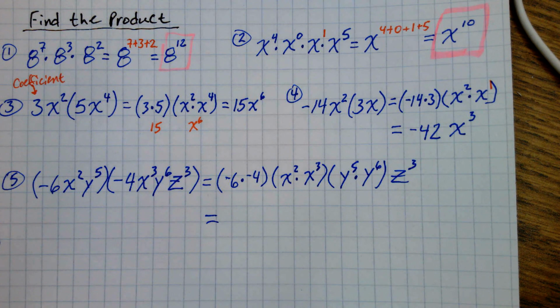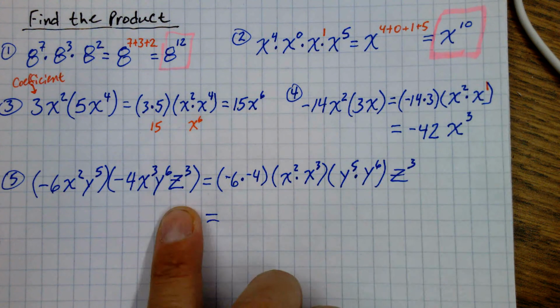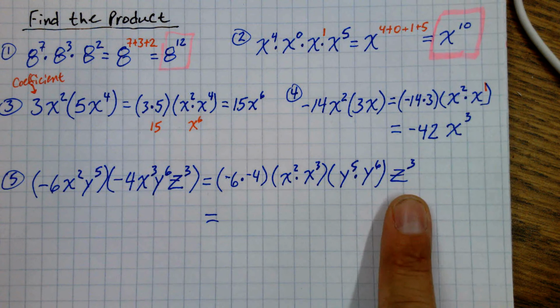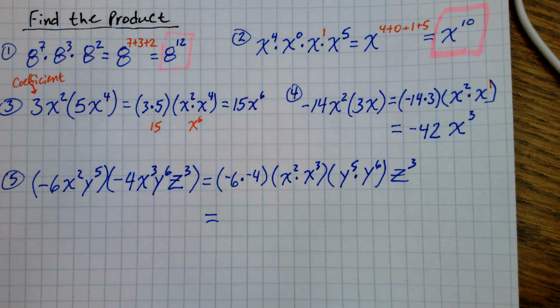Let's see here. So when we have two numbers with the same base but different exponents, we just add the exponents, right? Mm-hmm. But when they have two different bases, they're separated. Like z didn't have any other z's to multiply with, so our answer is going to have z cubed.